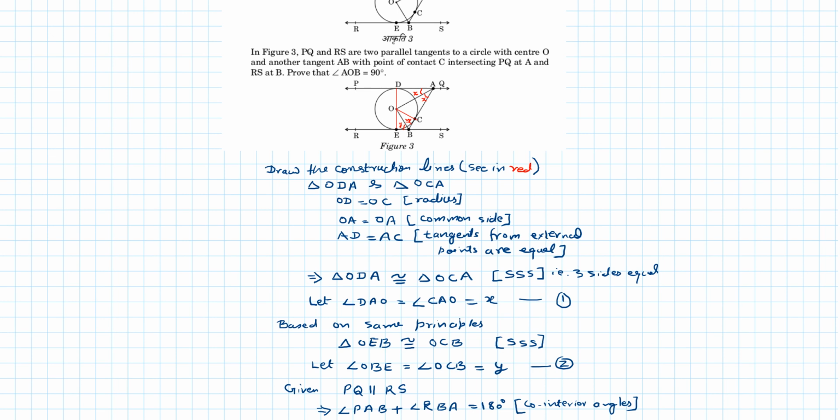Now let us consider triangles ODA and OCA. You see, OD is equal to OC because this is the radius, OA is equal to OA, that is the common side, and AD is equal to AC, as tangents from an external point are equal. So triangle ODA is congruent to triangle OCA by the three side theorem.